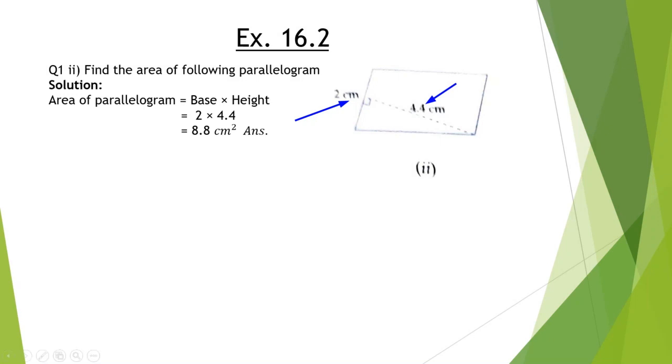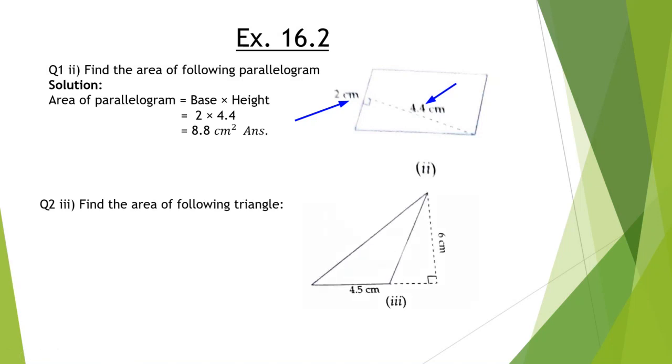Now look at question number 2, third part. Find the area of the following triangle. In this question also a triangle is given. Here if we take this side as base, which is 4.5 centimeter, then the height should be from the opposite vertex, that is this vertex. So from this vertex the height should be taken, so height will be this.